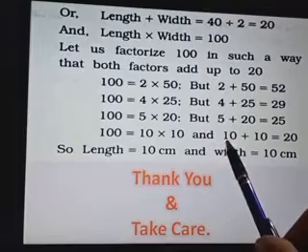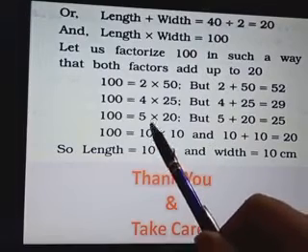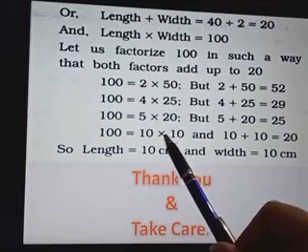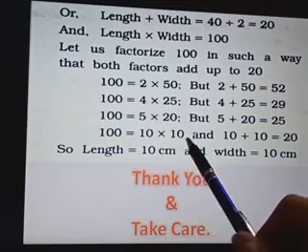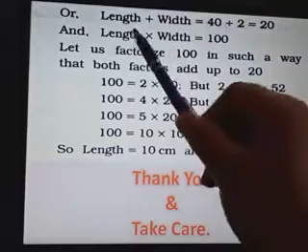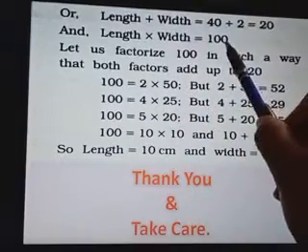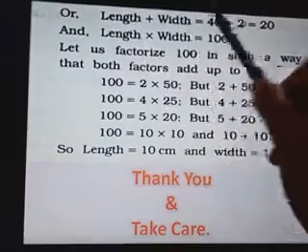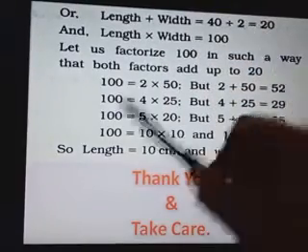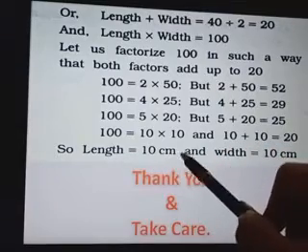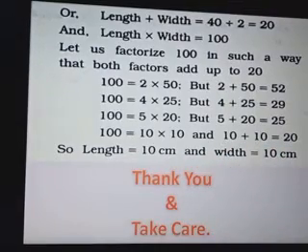So we can say length and width of the tile or side is 10 centimeter, because if we put the value 10 here, 10 multiplied by 10 becomes 100, and 10 plus 10 gives the answer 20. So we can say length equal to 10 centimeter and width also 10 centimeter.